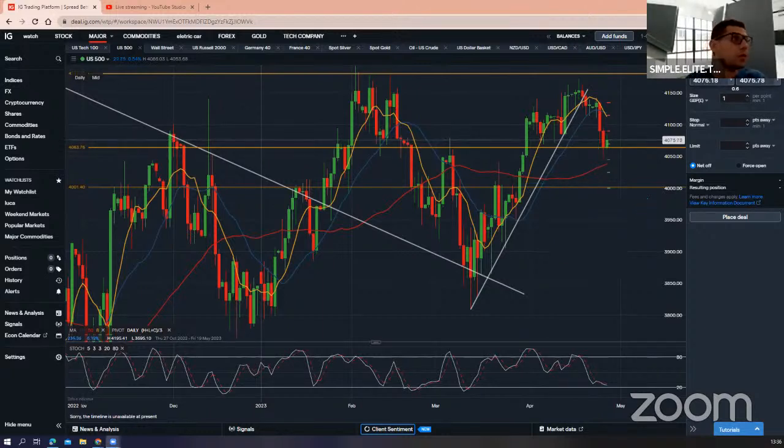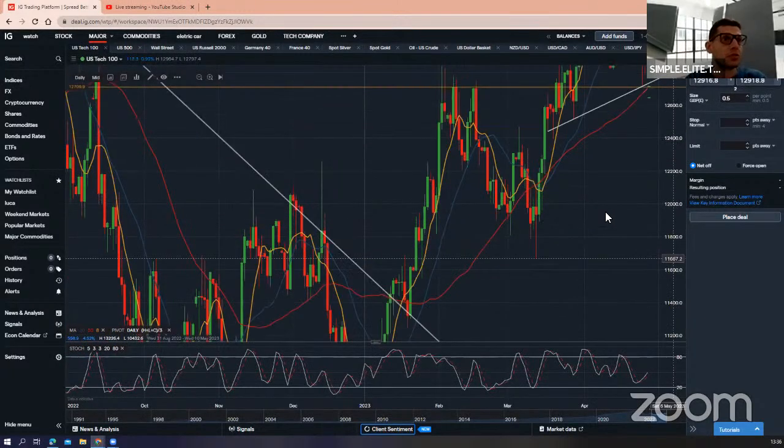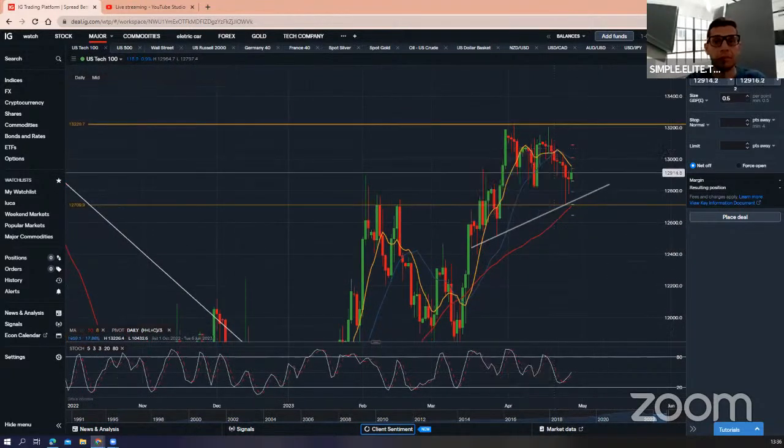Nasdaq looks a bit better, a chart in an uptrend, but the price action is not that great, because you can see it's ranging at the moment. Price is reaching this level, coming back, reaching this 13,200 again, and now we have a lot of bearish price action. We have this trend line here.